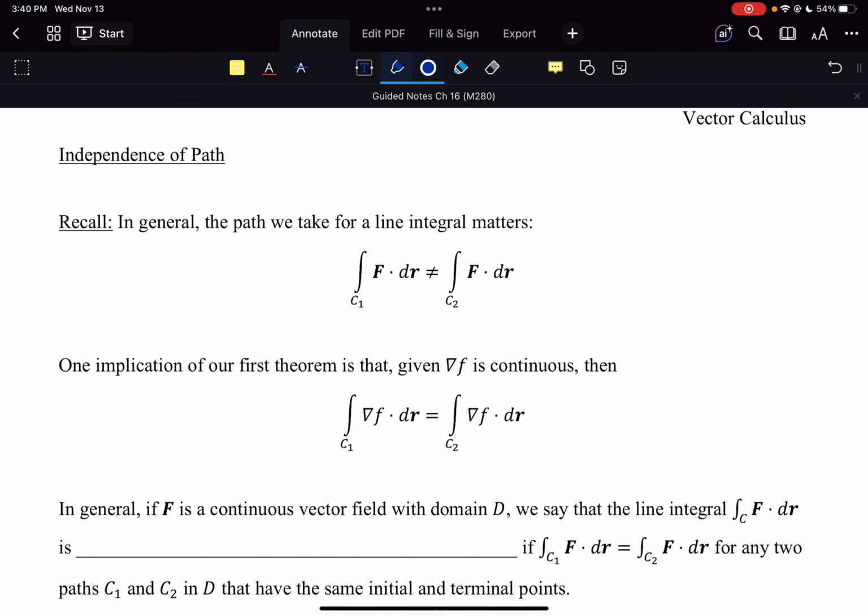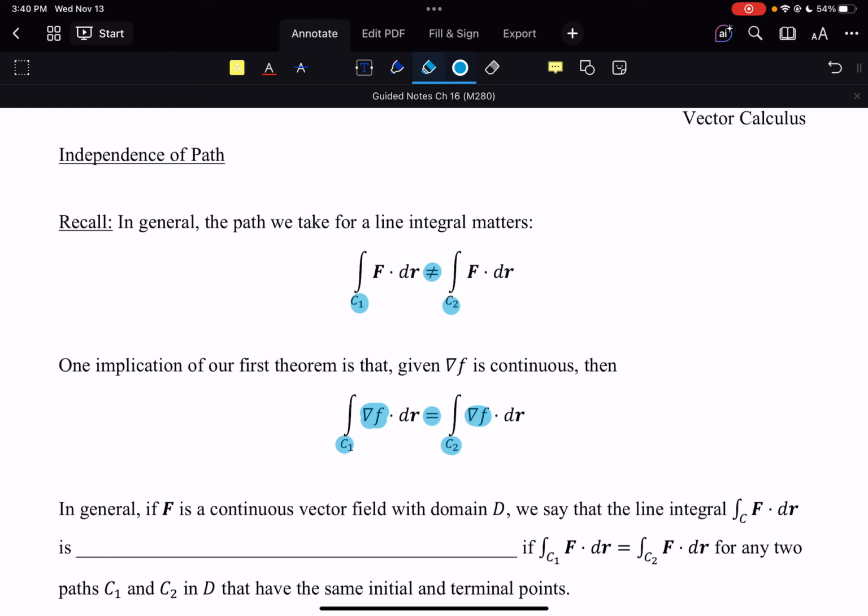So in general, the path we take for a line integral matters, right? The line integral over C1 is not equal to the line integral over C2. But one implication of our first theorem is that given grad f is continuous, the line integral over C1 of grad f equals the line integral over C2 of grad f.